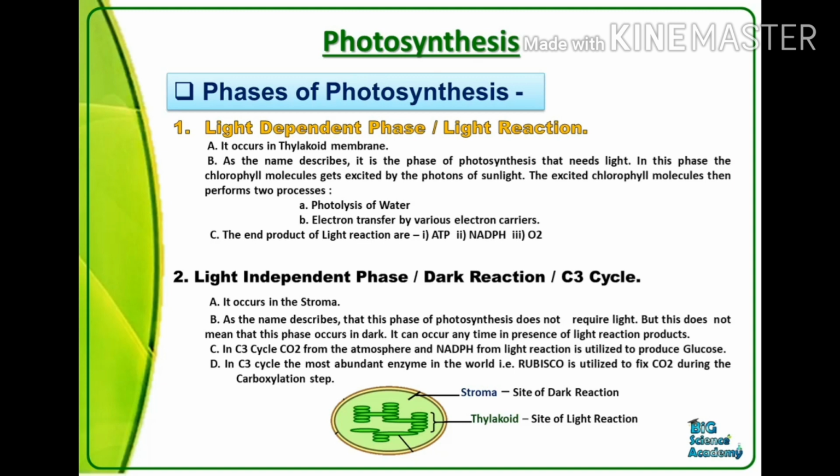In the C3 cycle, the most abundant enzyme in the world, that is RUBISCO, is utilized to fix CO2 during the carboxylation step. So, here we can see in the picture that the stroma region is the site of dark reaction and the thylakoid region is the site of light reaction.